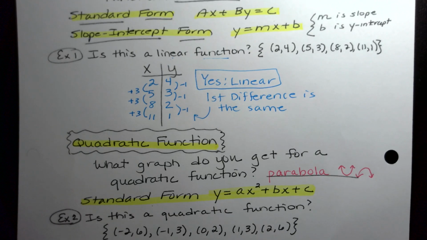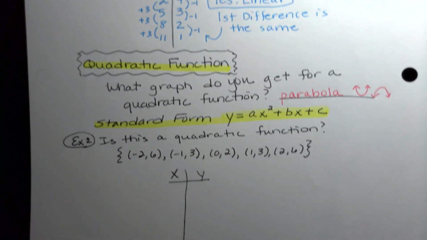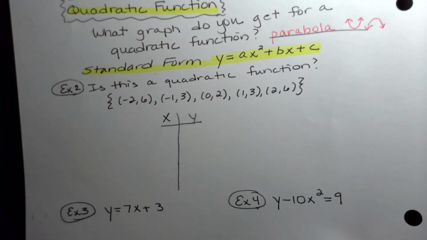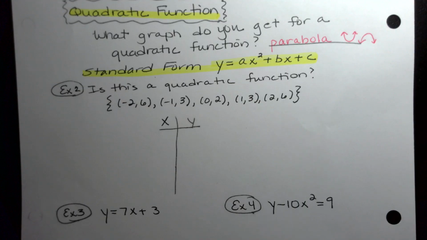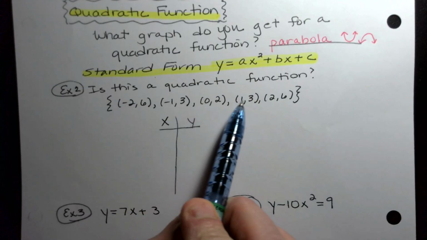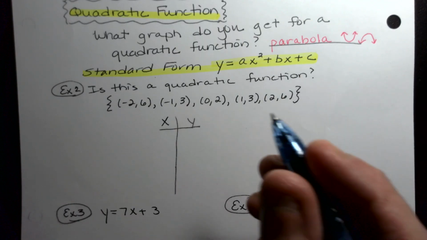Okay? So again, if you're trying to figure out, is this a quadratic function, you're going to start just like we did up here for the linear. So here's a set of coordinates. Is it a function at all? Well, let's check our x's. Yep. So I don't have to do any further check, since all the x's are different. Now I'm going to put them in here.